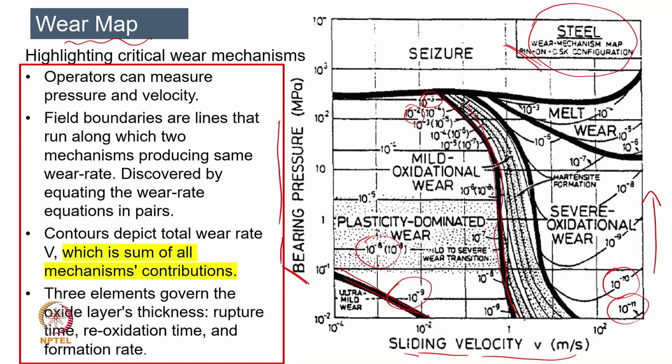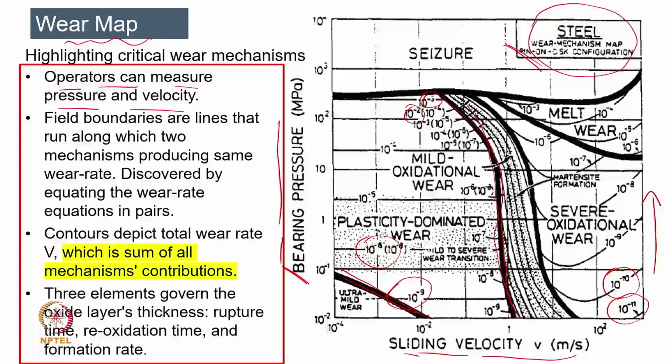So to highlight what I mentioned, the person who is operating can measure pressure and velocity easily, and there are so many wear maps in the literature. We can digitize them, and we can make a complete tabular form also.